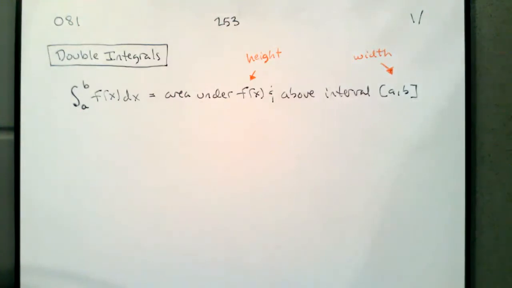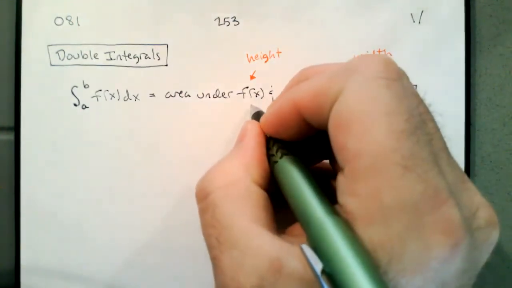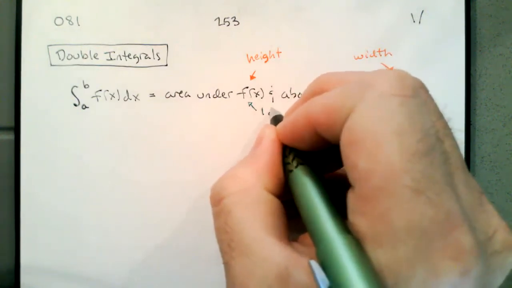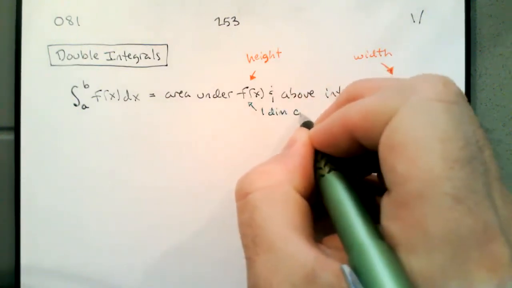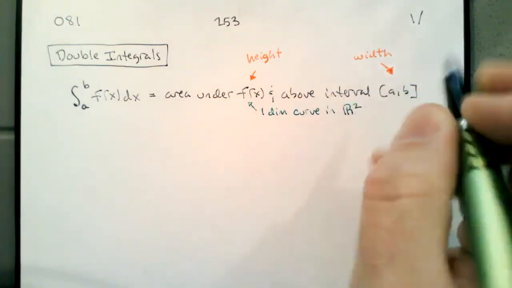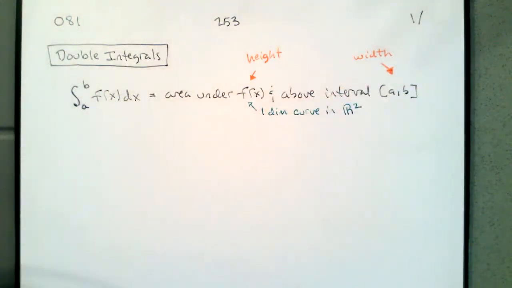So recall that we think of a function of one variable as a one-dimensional curve in R2. And we know what happens when we upgrade our function of x to a function of x and y, we end up with a two-dimensional surface in R3.